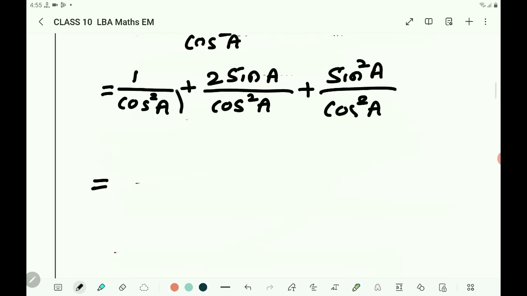Equals, 1 by cos square A is secant square A. So you write secant square A.